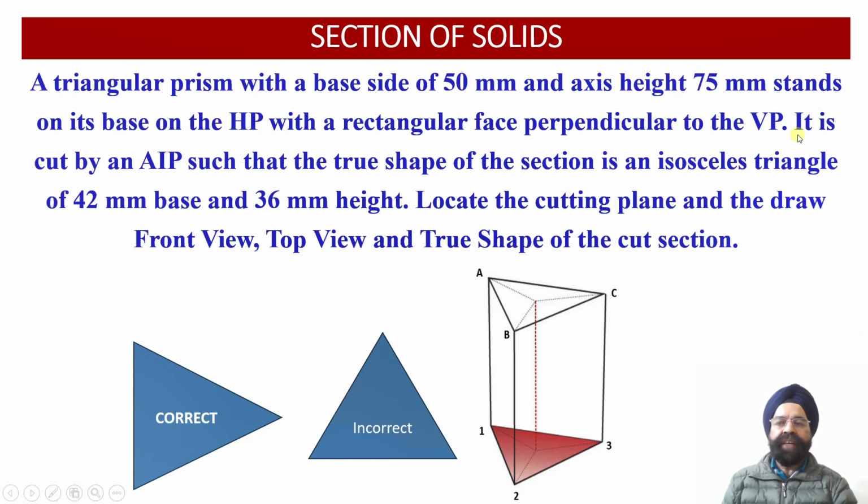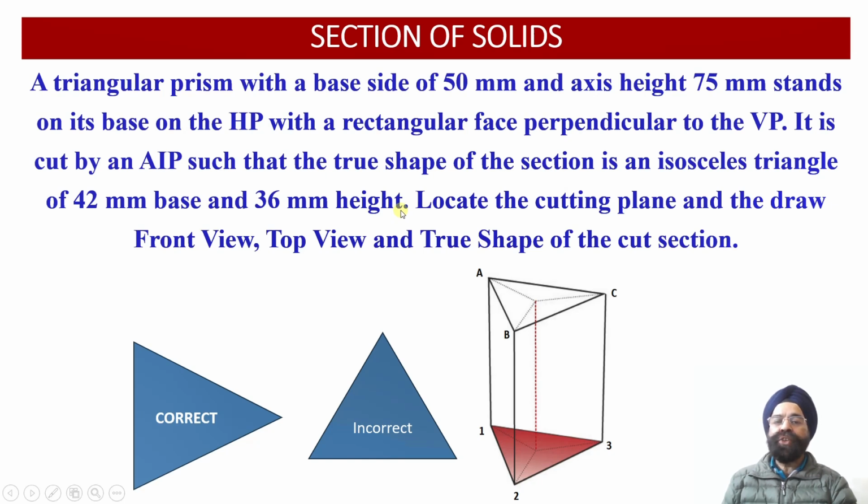Now we have been provided with the information that this prism is cut by an auxiliary inclined plane in such a way that the true shape of the section obtained after sectioning this triangular prism with the auxiliary inclined plane happens to be an isosceles triangle having base 42 millimeter and altitude 36 millimeter high.